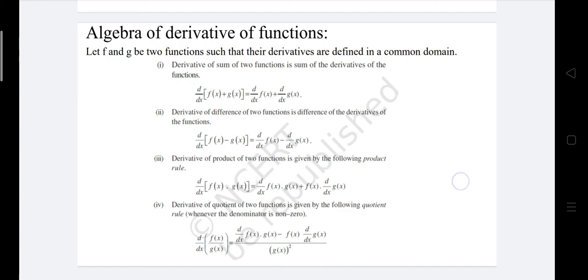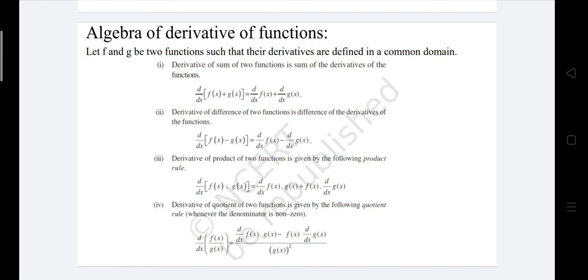And come back to the third one. The third is a very important formula, called the Leibniz product rule. Remember, we will discuss the Leibniz product rule in future parts of derivatives also, but here this product rule is very important. How? If two functions are in a product, let's say a trigonometric function and a polynomial function, how do we calculate the derivative? Here is the formula.